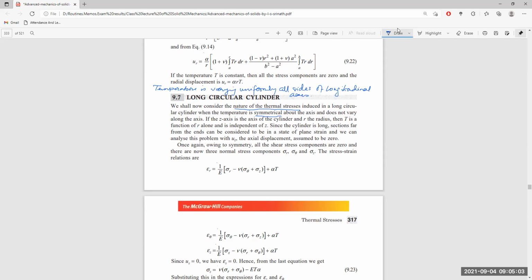And it does not vary along the axis, from one end to the other. It does not change longitudinally.